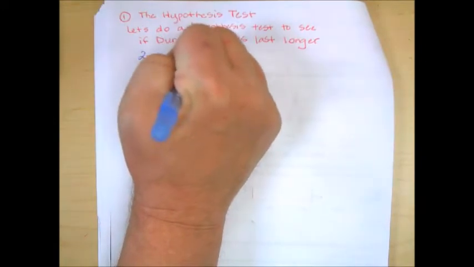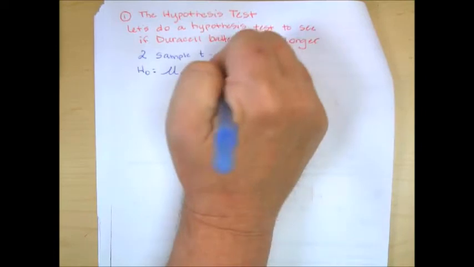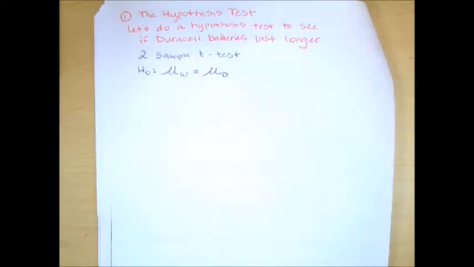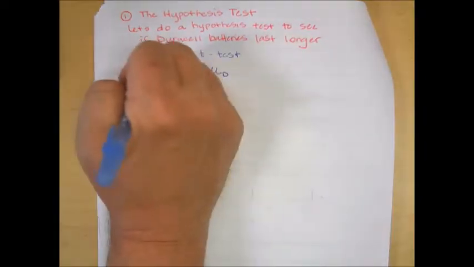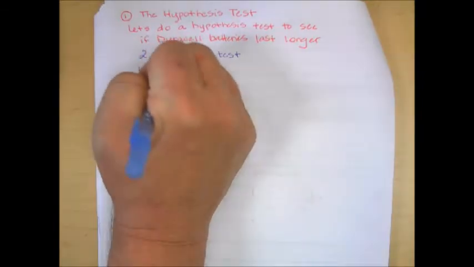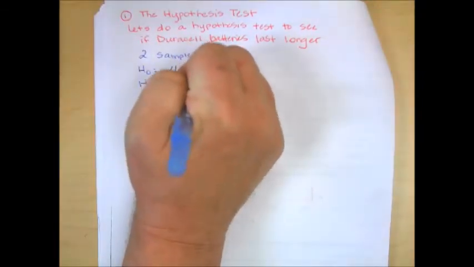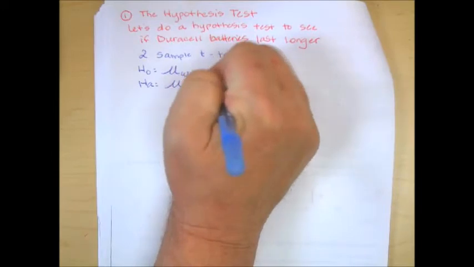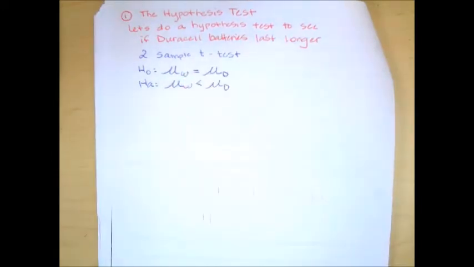Mu of Walmart equals mu of Duracell. And then the alternative hypothesis is going to be what we're actually trying to show. Are Duracell batteries really greater than Walmart batteries?